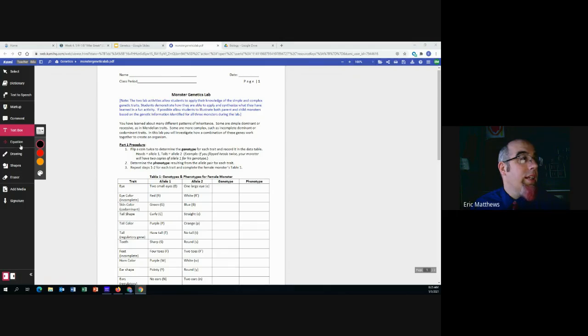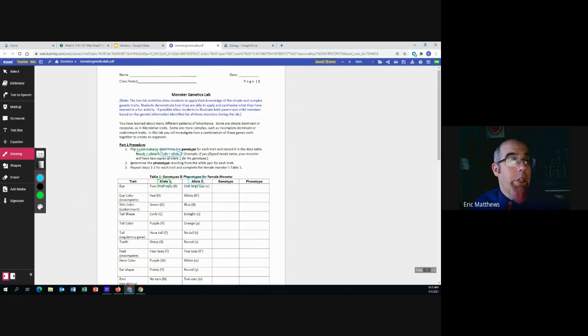And tails will be allele 2, and here is the column for allele number 2. Example, if you flipped heads twice, your monster would have 2 copies of allele 1 for his genotype.